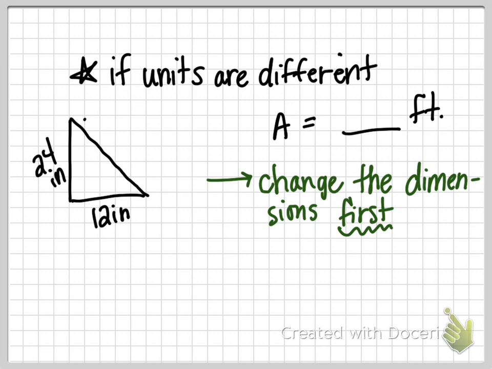So before you do your multiplication, first make sure you change this to feet. 12 inches is 1 foot. 24 inches is 2 feet. Then you plug into your formula. So first change the dimensions on your shape, then do your formula to find the area.